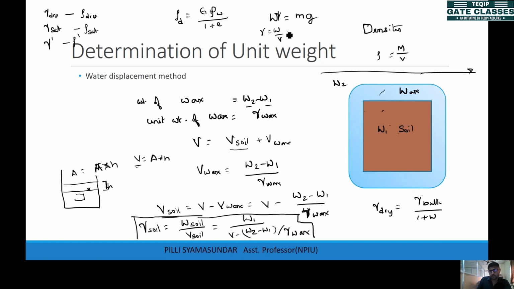If you write W as mg, then m by v is your density, so you are getting unit weight as density times g. Both are one and the same. Only the acceleration due to gravity you have to multiply with the density to get unit weight.